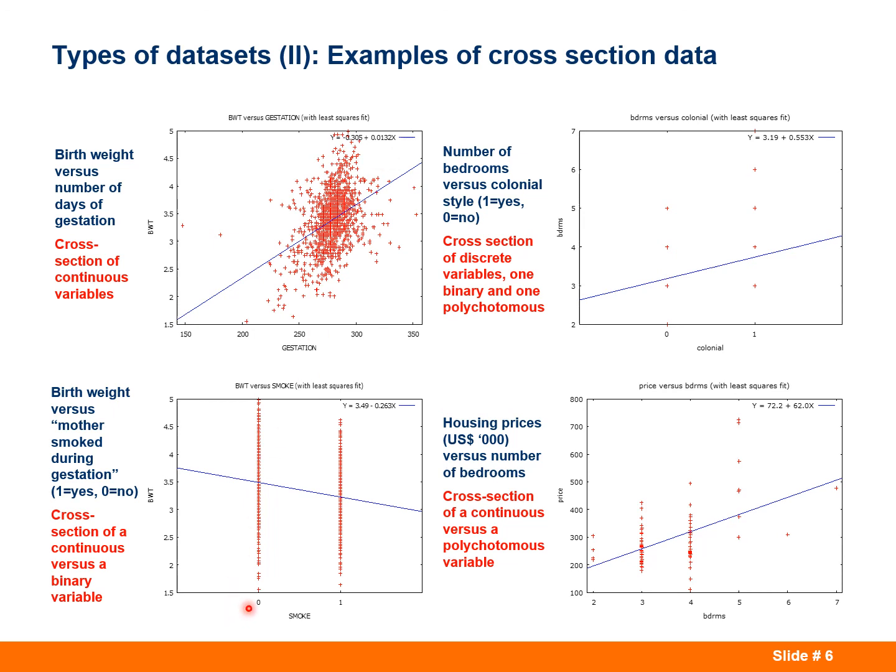I have here a binary variable. It is either 0 or 1. 0 means that the mother, in the same sample that we have above, didn't smoke during the pregnancy, and 1 means that the mother did smoke during pregnancy. And you have here the birth weight of the corresponding children.